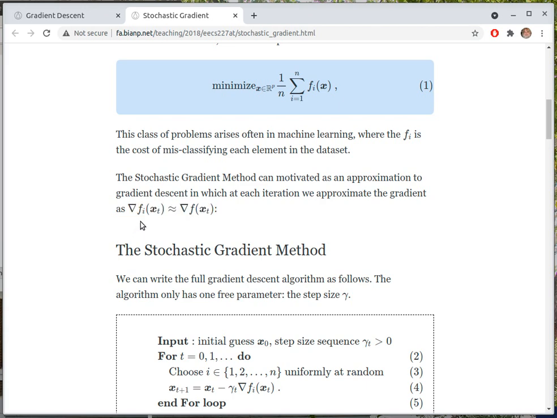What we're going to do is approximate the full sum by taking a single point and making that our approximation. So we're approximating the full gradient summed over the entire data set with the gradient computed over a single point.